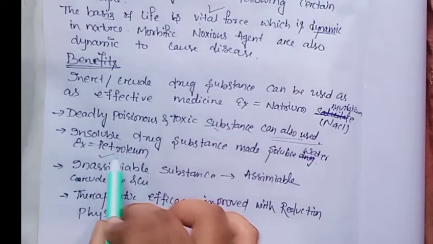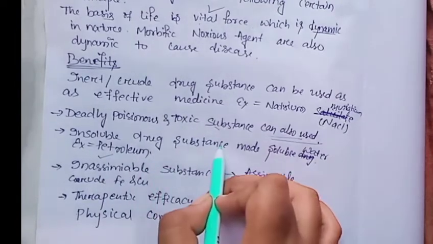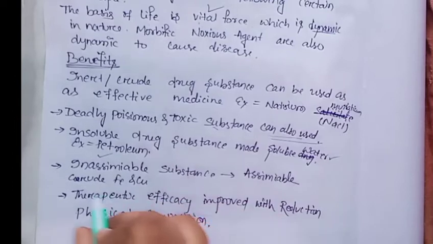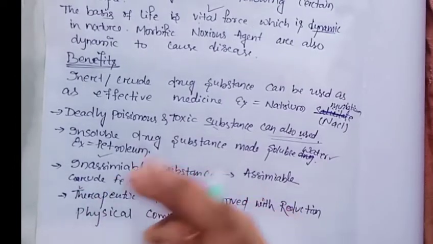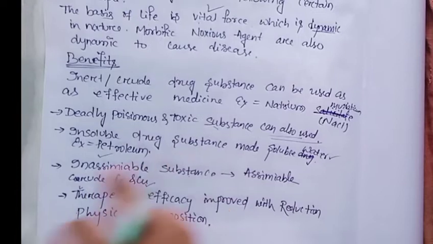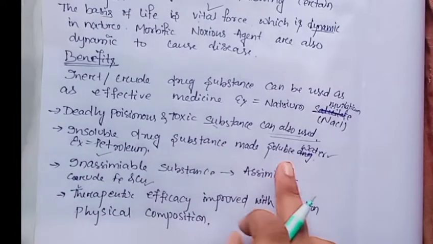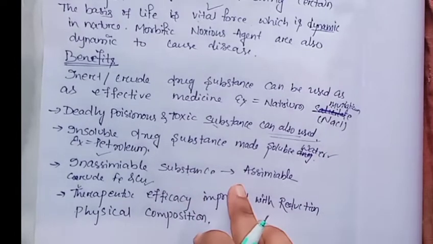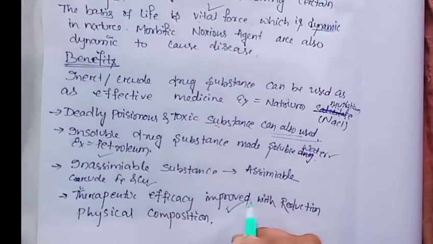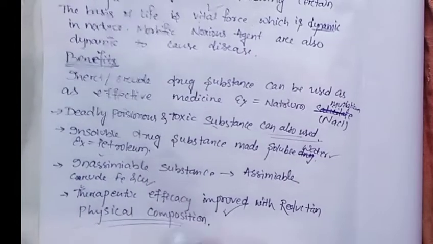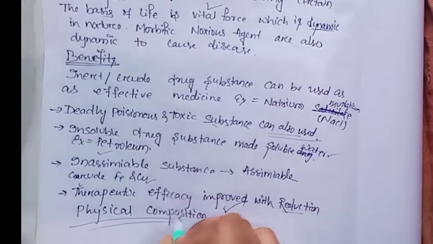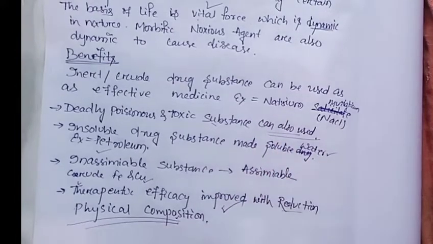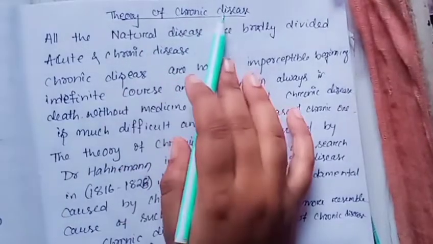Insoluble substances such as petroleum, which is insoluble in crude form, become soluble in water dynamically. Inassimilable substances such as crude iron and crude copper are not assimilated in our body, but by dynamization they become assimilable. Therapeutic efficacy is improved because the drug is converted into dynamic form, with loss of physical composition, which leads to increased therapeutic efficacy.